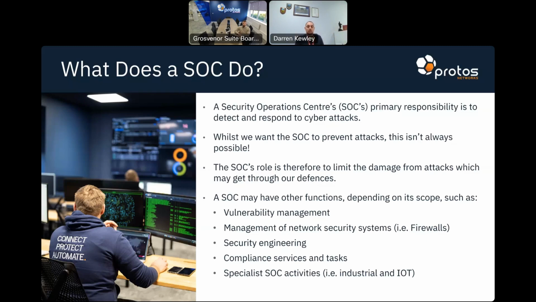But they'll also carry out compliance tasks. For example, our whole organization is ISO 27001, and as part of that, we have objectives and tasks that we have to do every month. The SOC does a lot of that for us internally, and we do it for some of our customers. That might just be providing a report on the alarm system and things like that.